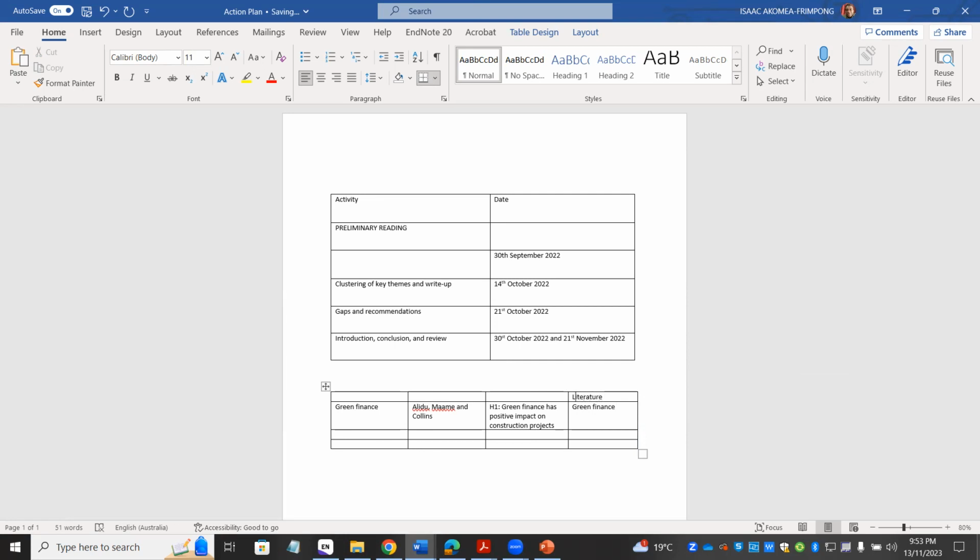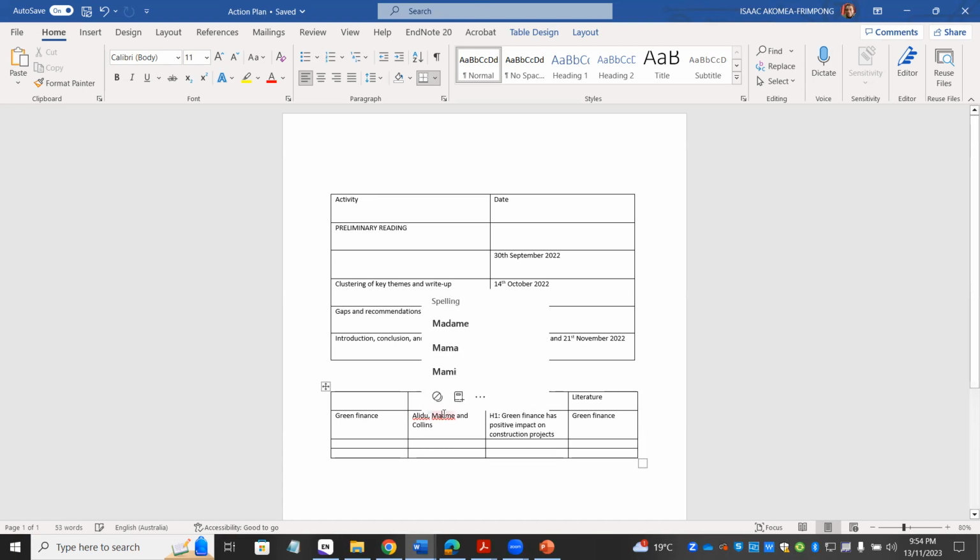And then with respect to the hypothesis development, you decide on how you want to go about it. But I would prefer you develop the hypothesis from critical literature. Don't really worry yourself talking about established theories, because we don't have enough established theories on green finance. Okay.